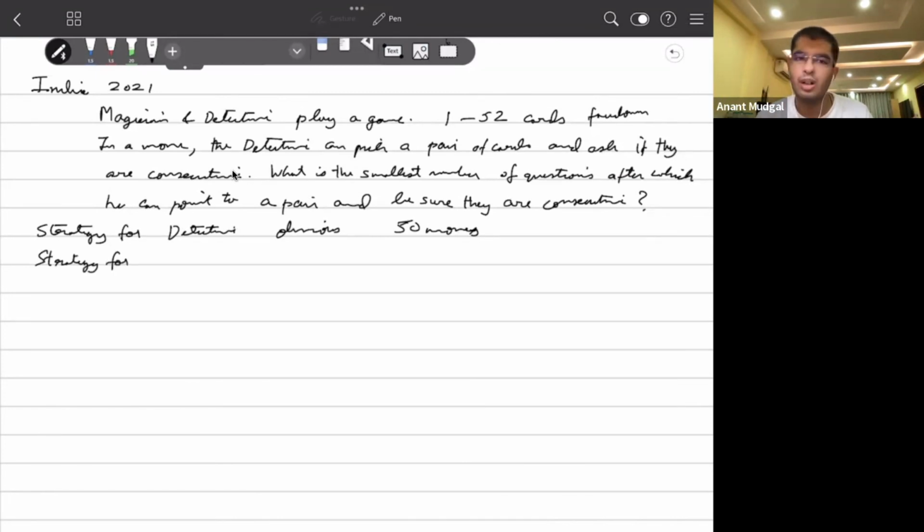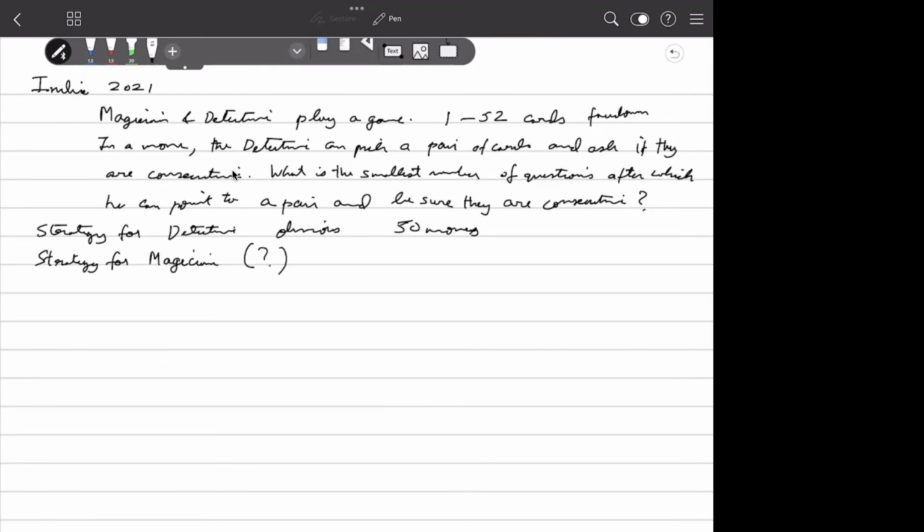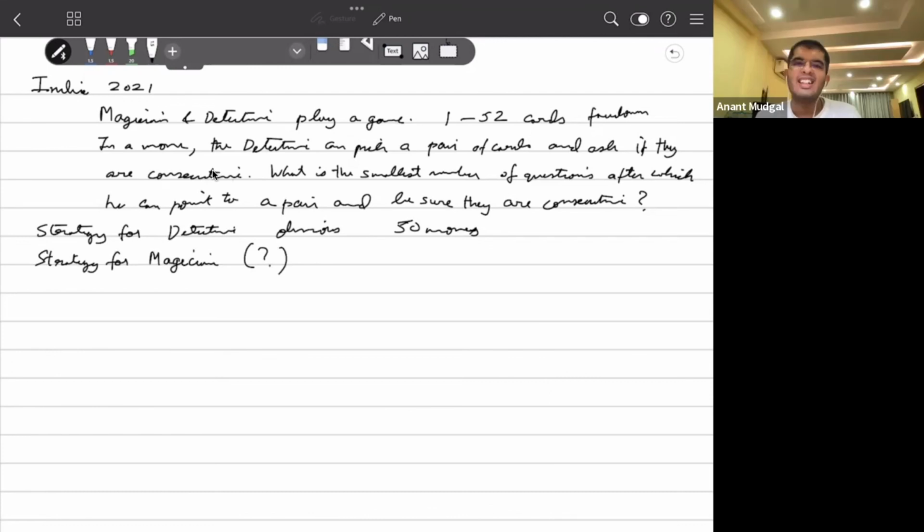So the strategy for the magician. I'll let people tell me what it means for a magician to have a strategy, because that's also kind of tricky if you've not seen it before. What does this even mean? What's the strategy for a magician? He just keeps saying no and then hopes that at the end he's able to order the cards in some way. Exactly.